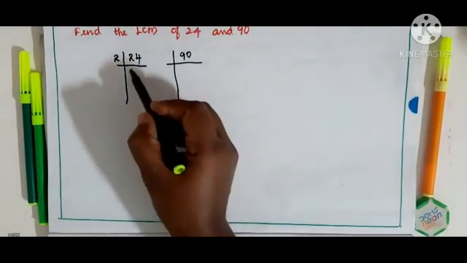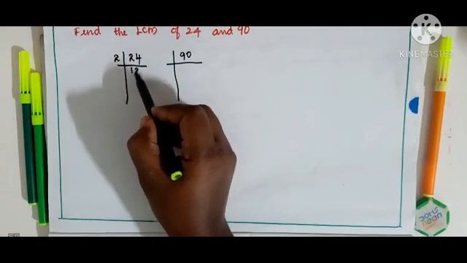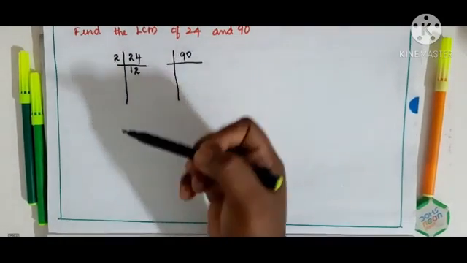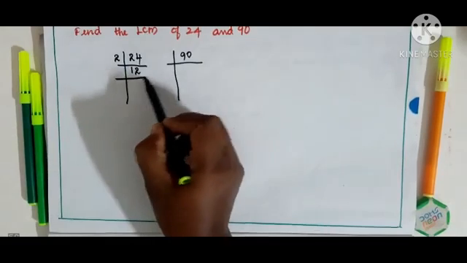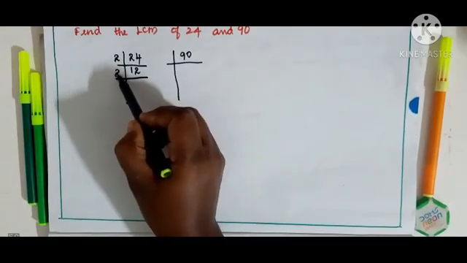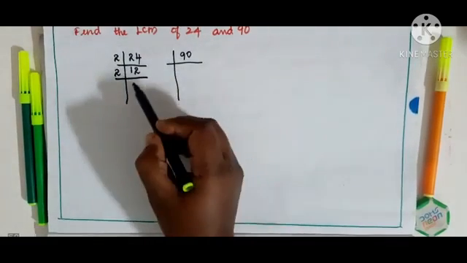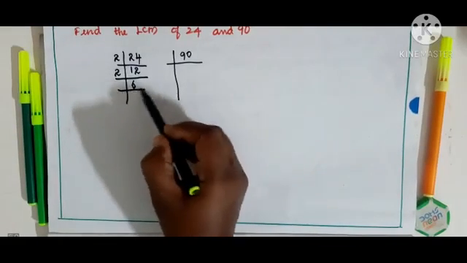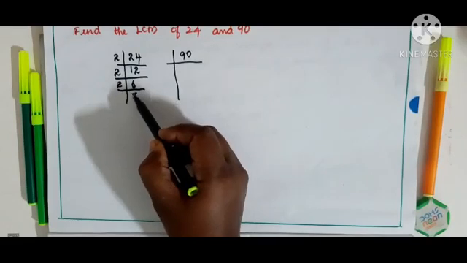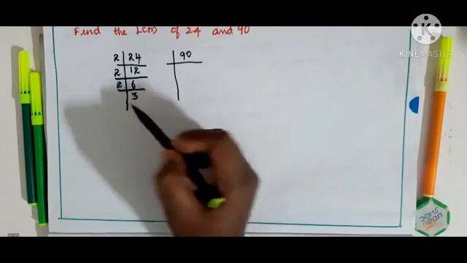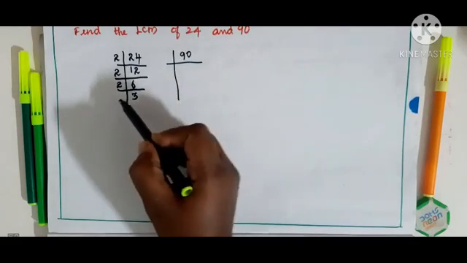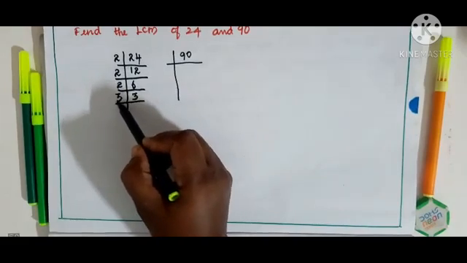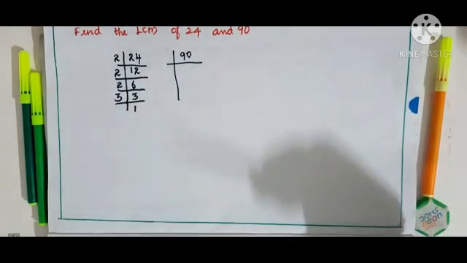So 2 12s are 24, and you write the quotient. Again you start with the least number 2, then it will become 6. Again with 2, 2 3s are 6. Again, it can't be with 2. The next prime number will be 3. 3 1s are 3.